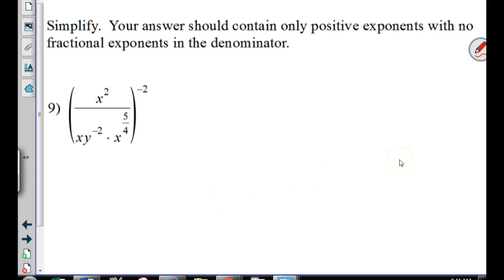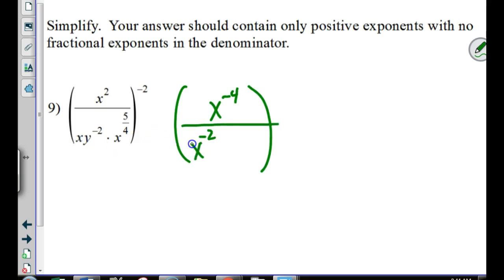All right, number 9, where do you want to start? Oh, you want to do this -2 to everything? All right. I'm okay with that order if you want. What do we get on top? And this little x over here becomes -2. This y becomes +4th.